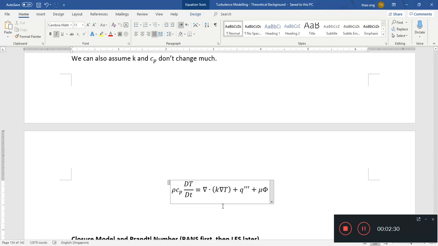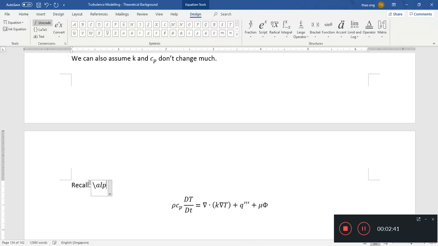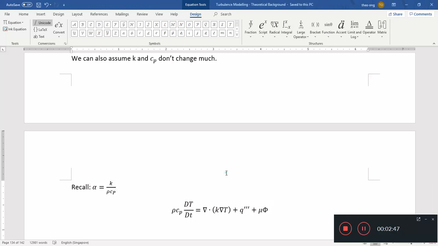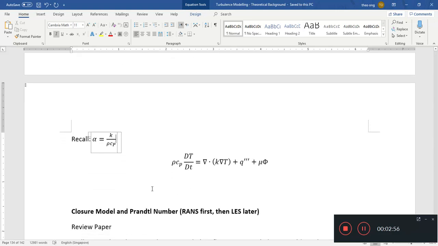I want to get rid of this complexity. So recall alpha equals k divided by rho Cp. This measures, on the whole, how quickly the temperature differentials propagate through the medium.